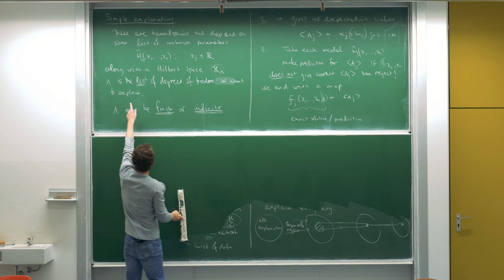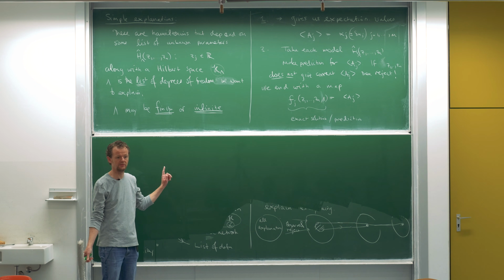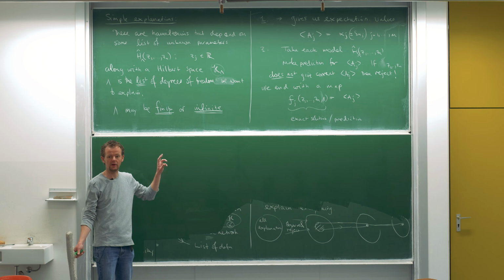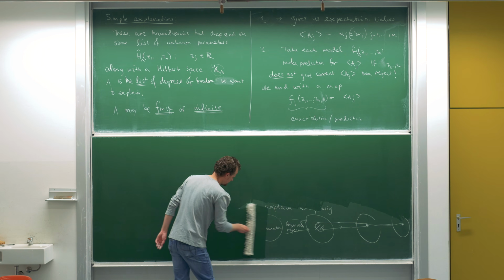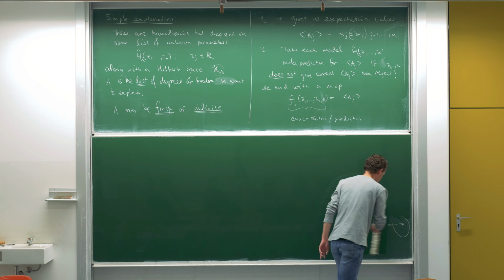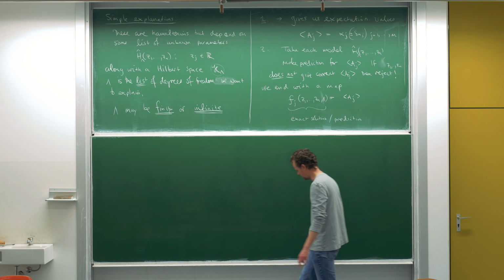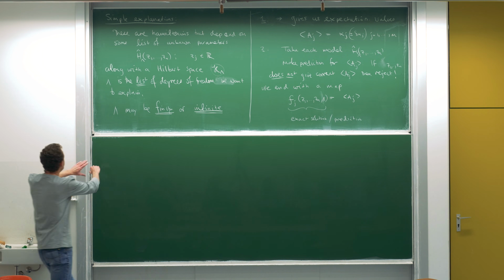But if we demand that our explanation is as simple as possible, and we give some notion of what as simple as possible means, then we can select out the right explanation. So the current winner. And this will change over time as we gain more and more data and more observations.